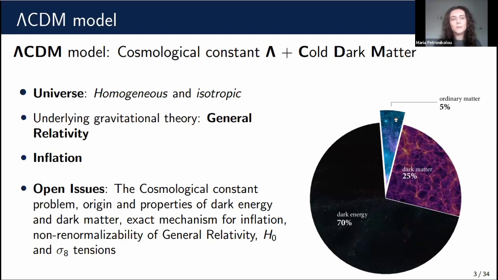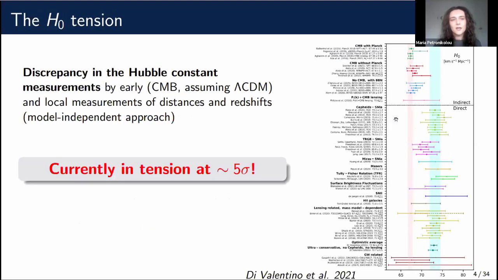However, we face some open issues, such as the cosmological constant problem, the origin and properties of dark energy and dark matter, the exact mechanism for inflation, the non-renormalizability of general relativity, as well as observational issues regarding the H-node tension and the sigma-8 tensions.